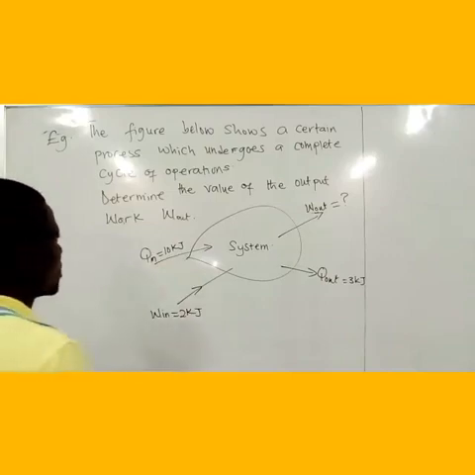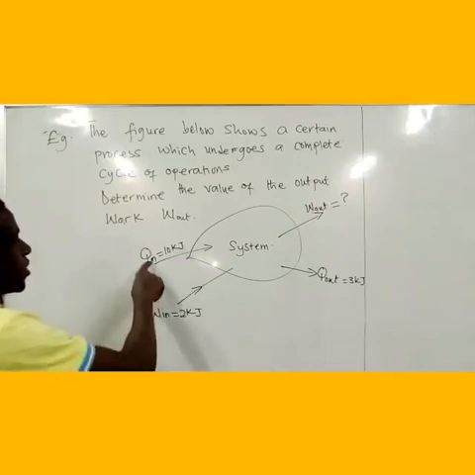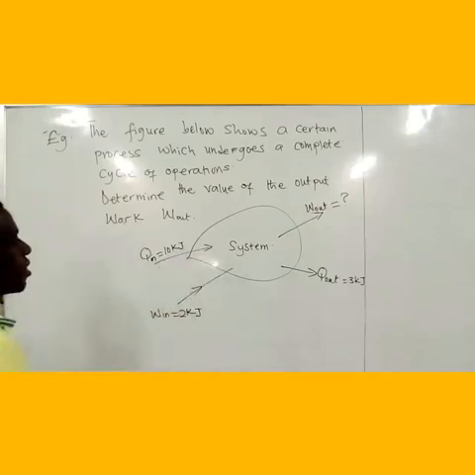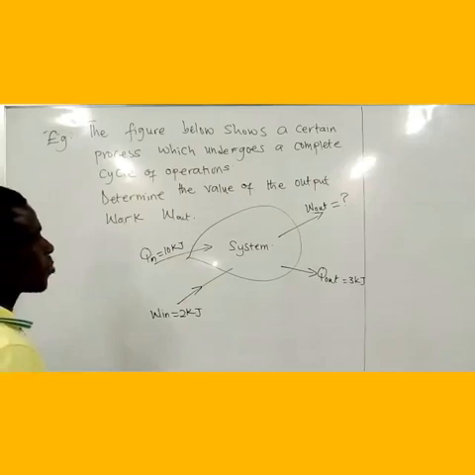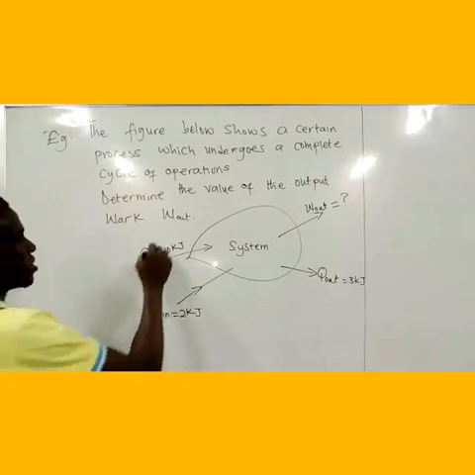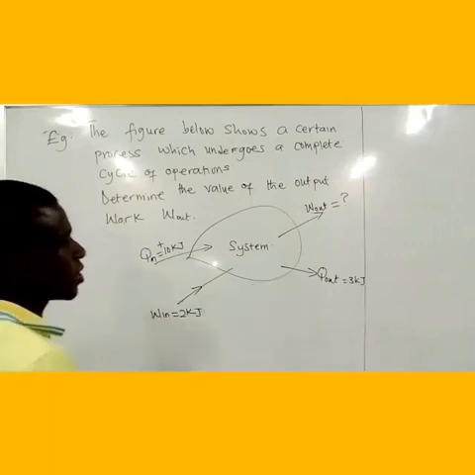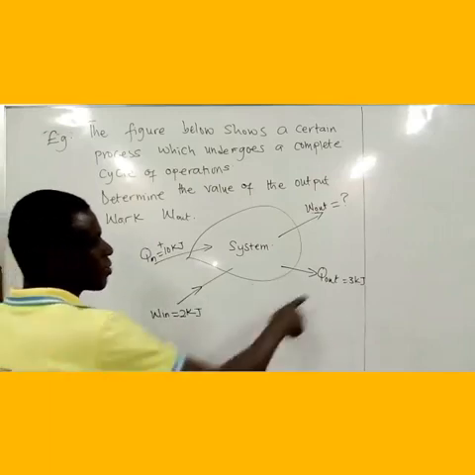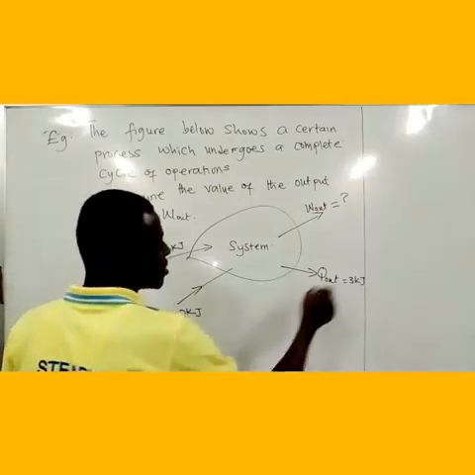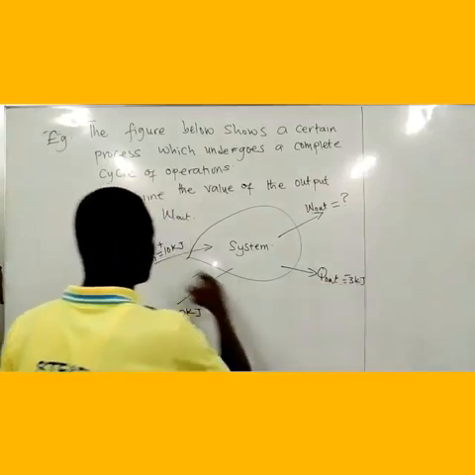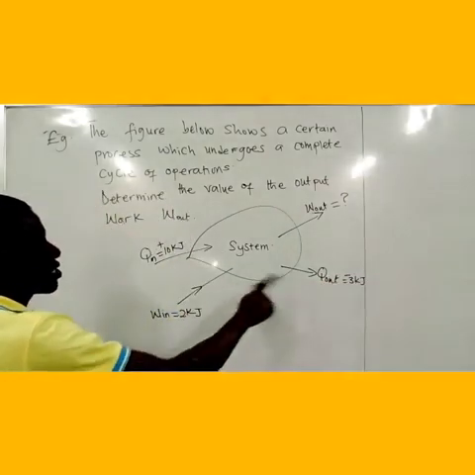We have 10 kilojoules of heat supplied to the system, and heat supplied to the system from the sign convention is positive. Heat coming out from the system is negative.